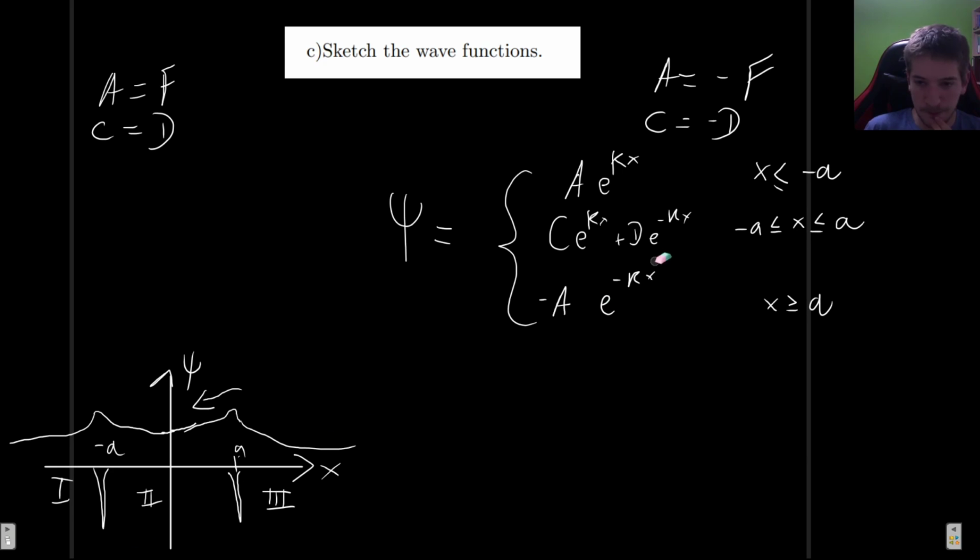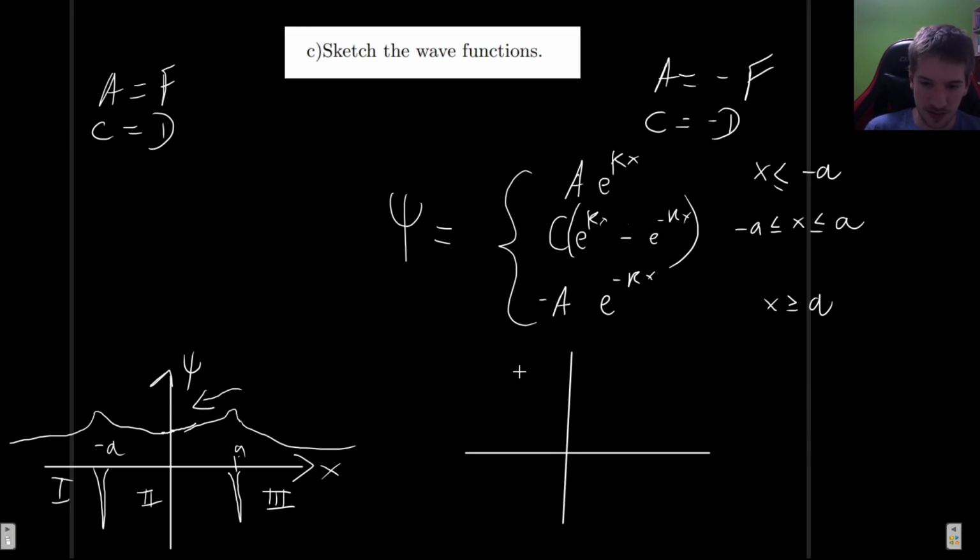So here, instead of d, this is just going to be minus c, so we can just factor it out. So this is going to be the wave functions for the second case, which, as I spoiled, is the case of these odd functions. So let's now sketch this quickly.